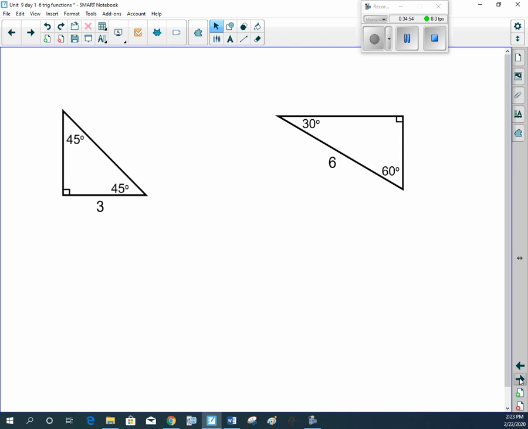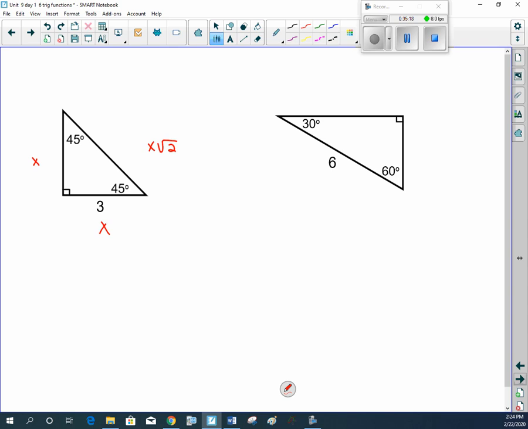You don't have to use the Pythagorean theorem. Sometimes you can't use the Pythagorean theorem unless, in the 30, 60, 90, you have two legs. In a 45, 45, you could still do the Pythagorean theorem, but we kind of want to do this with the pattern. So, the pattern looks like this. This side is x, x, and this is the x root 2 side.